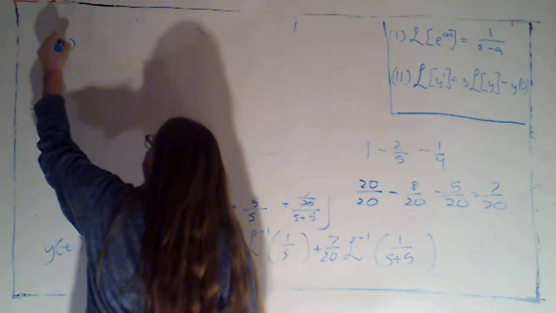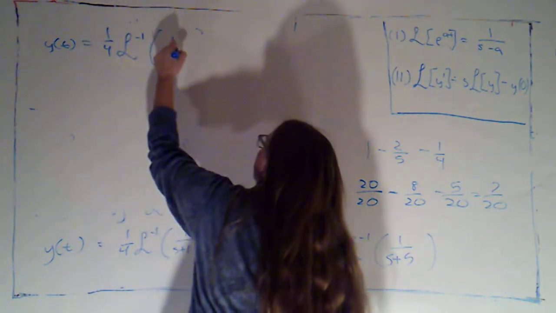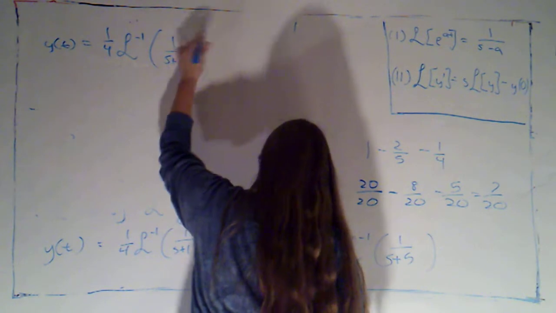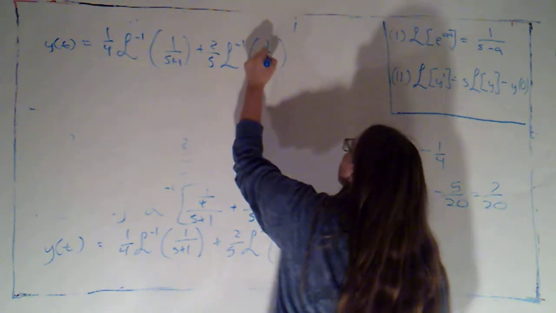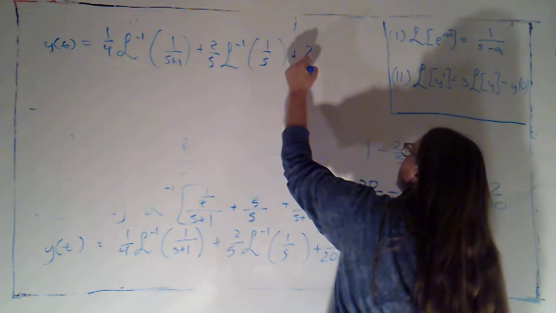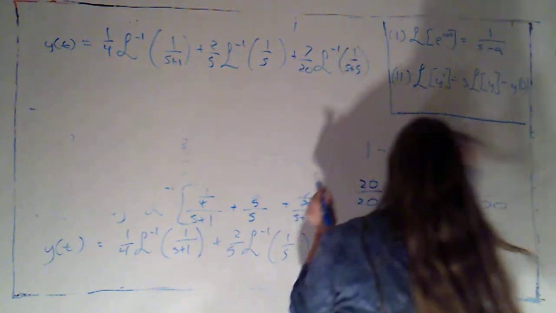So we've got y of t is 1/4 the inverse Laplace transform of 1 over s plus 1 plus 2/5 the inverse Laplace transform of 1 over s plus 7 twentieths the inverse Laplace transform of 1 over s plus 5.